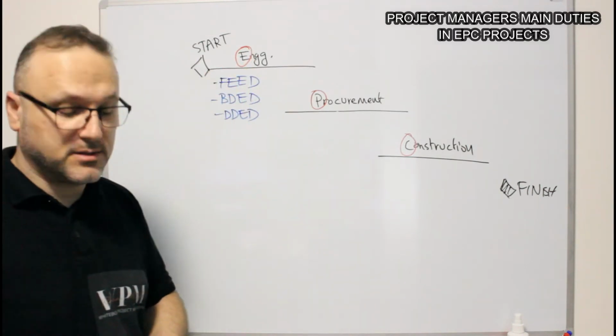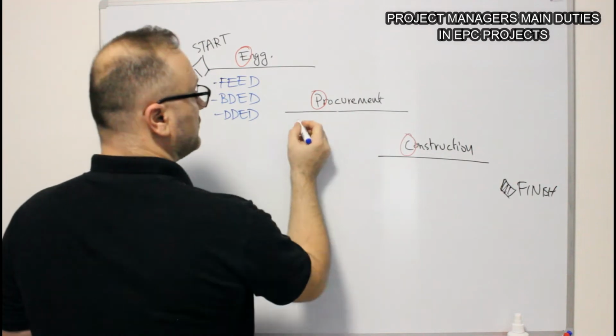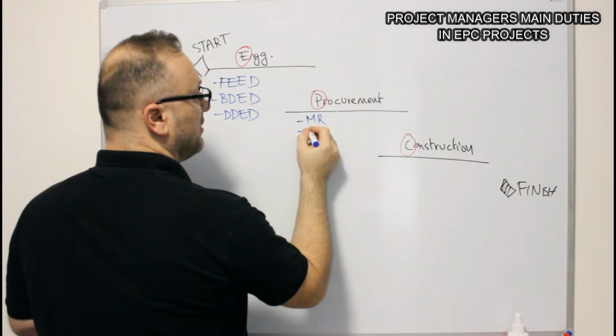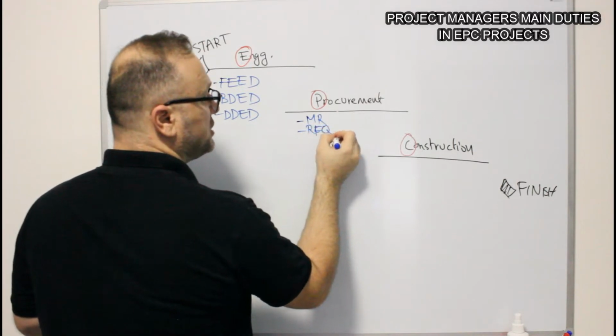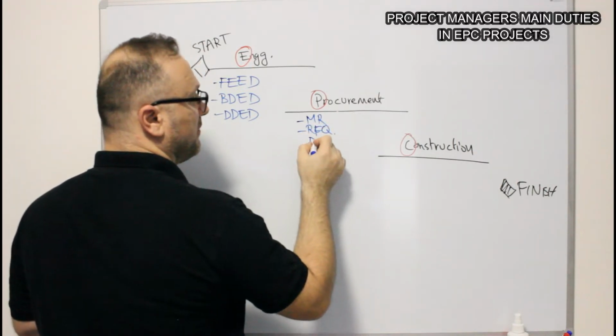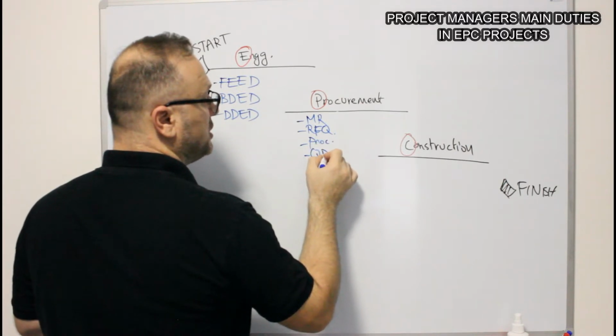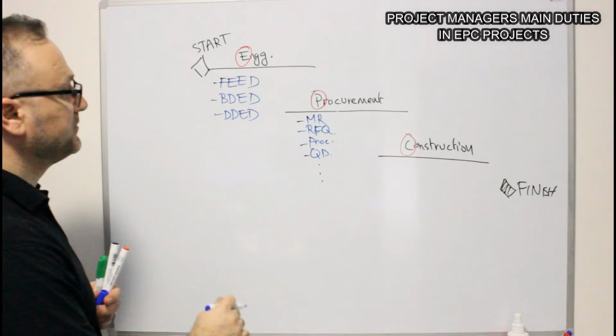Now, the procurement covers the material requisition, the request for quotations, the procurement itself, the quality documentations and others.